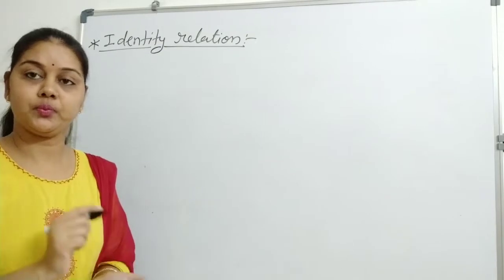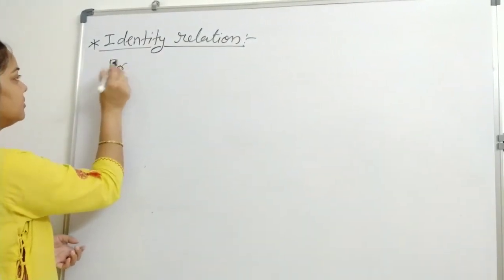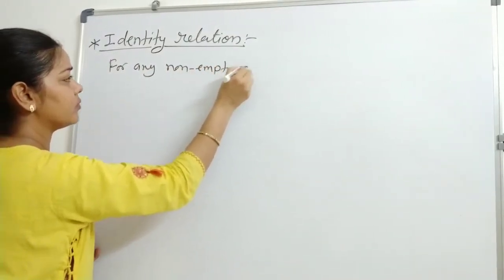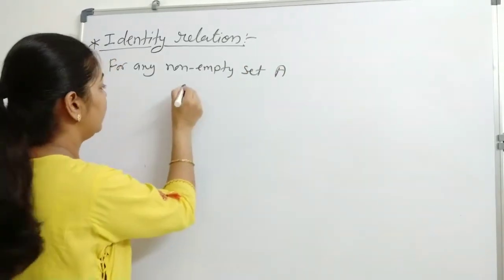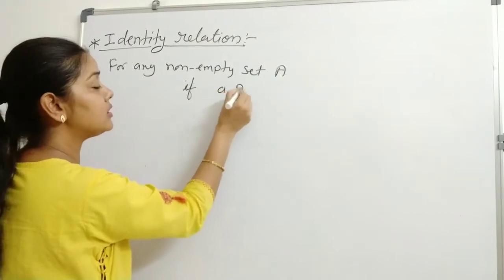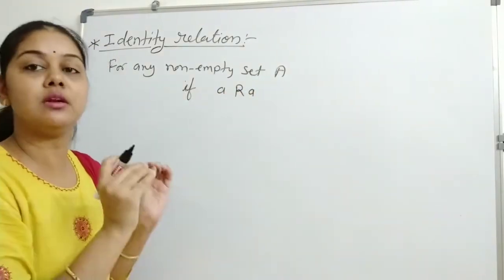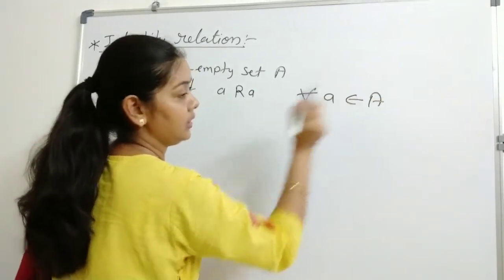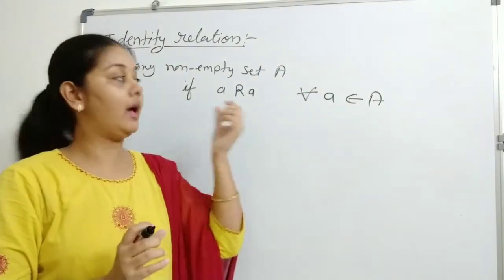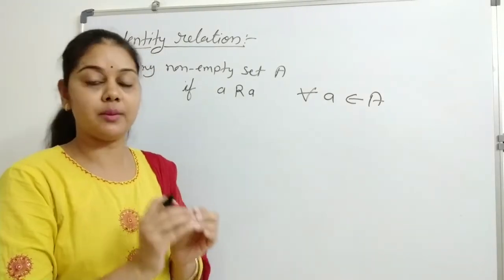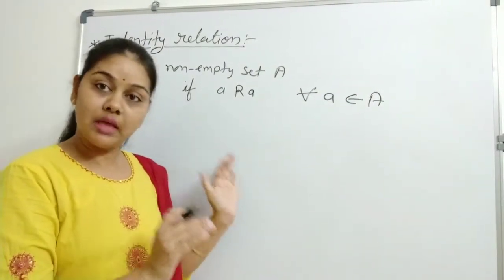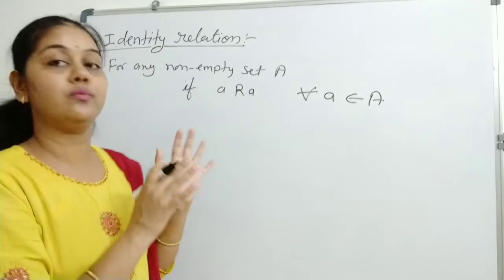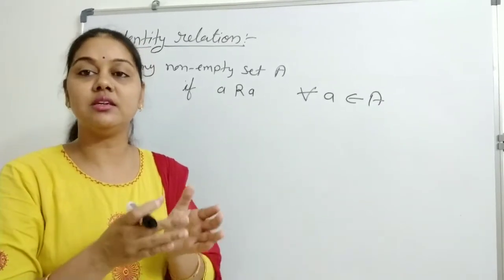Identity relation. For any non-empty set A, if A is related with A itself, it means the element is related with the element itself, for all values of A belongs to, for each and every element of A, then such kind of relation is called identity relation.